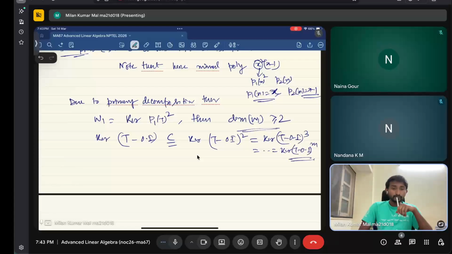Okay, so my point is that clearly the kernel of T minus I does not have dimension 2, because, no, that can have dimension 2. No, the dimension can't be 2. Sorry, just a minute.